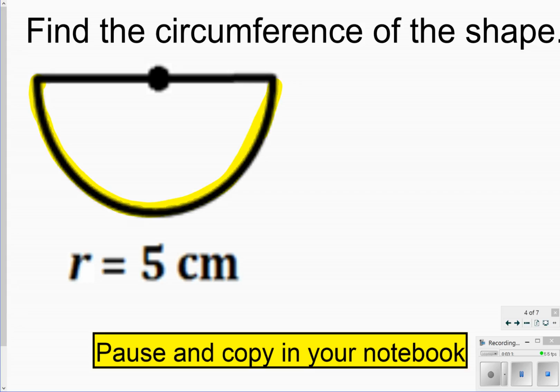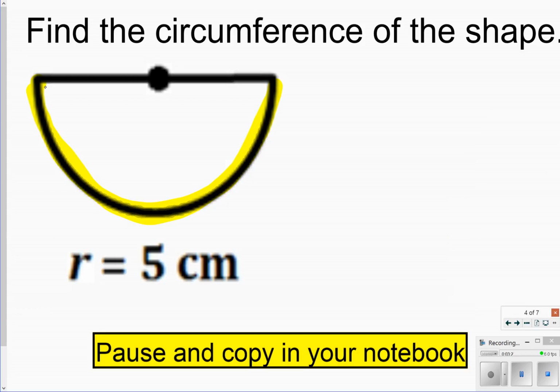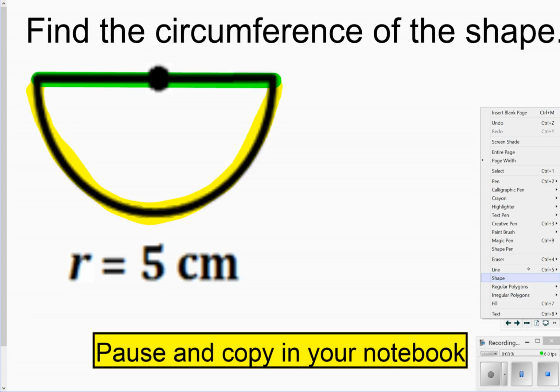And remember, we said that if it's a round section, we're going to use pi in our formula. And then secondly, we're going to have to calculate the straight part of our shape, this straight part right here. And based on what we know about circles, that is going to be a diameter. So that can help us with our information.